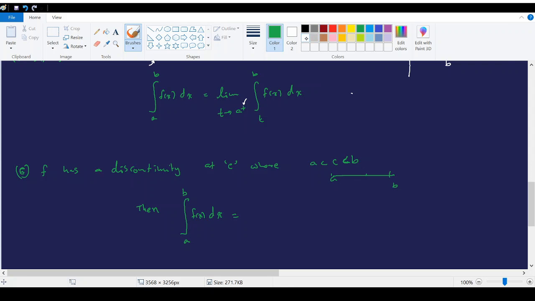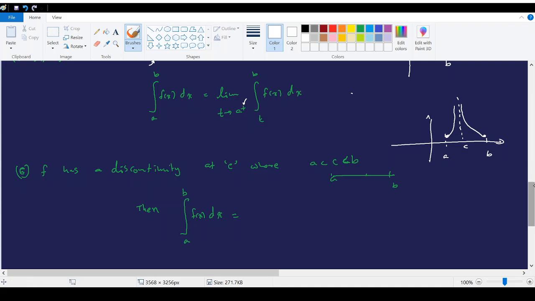If I draw a diagram that goes with this one, we can indicate this as a and b, and how about having a vertical asymptote in the middle? So we have this sort of situation in the given condition. What would we do if we have this type?